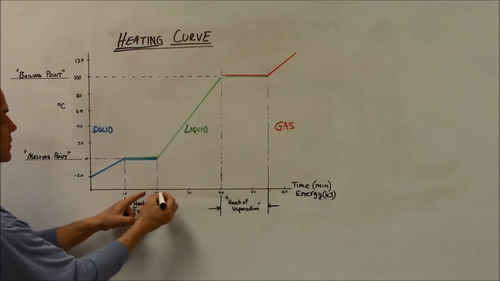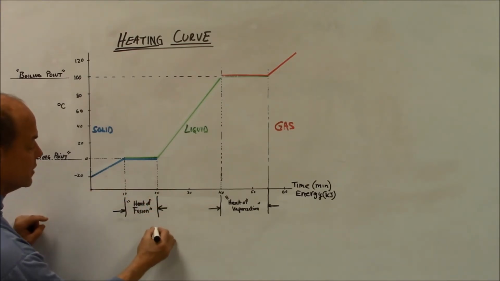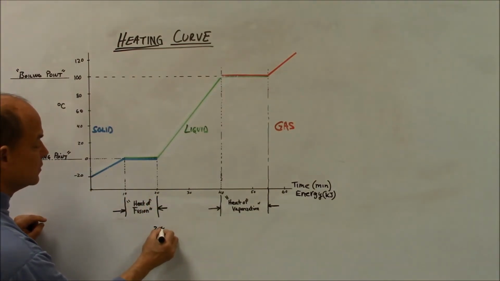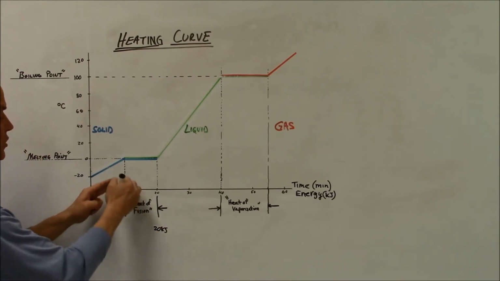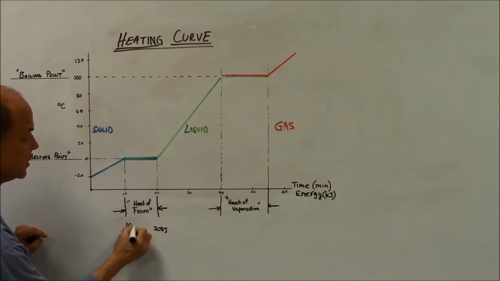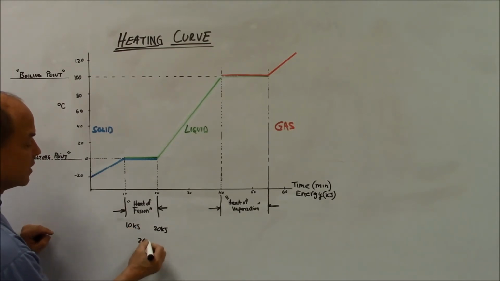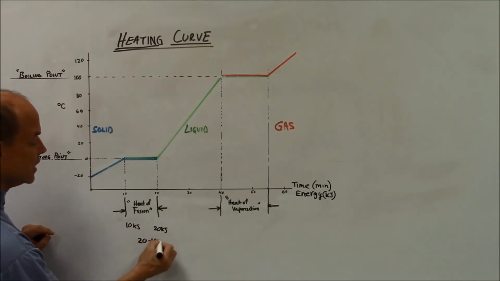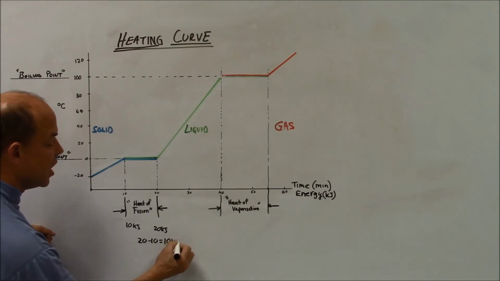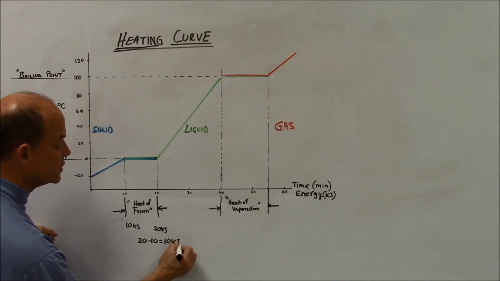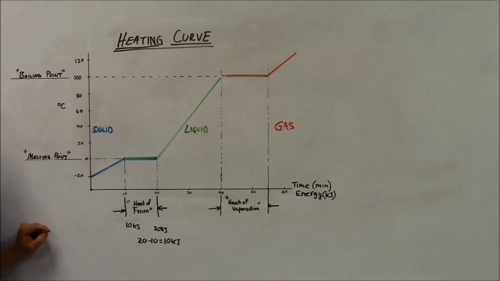All of the solid turned into liquid at 20 kilojoules, but it started melting at 10 kilojoules. So final minus initial, 20 minus 10 is equal to 10. Our heat of fusion was 10 kilojoules for this particular amount of water.